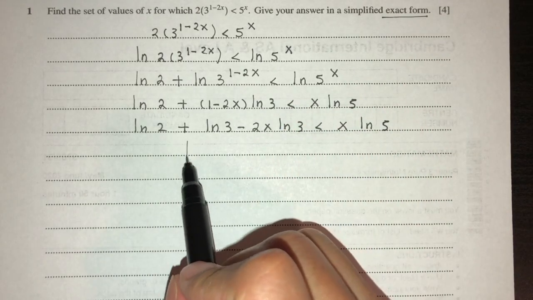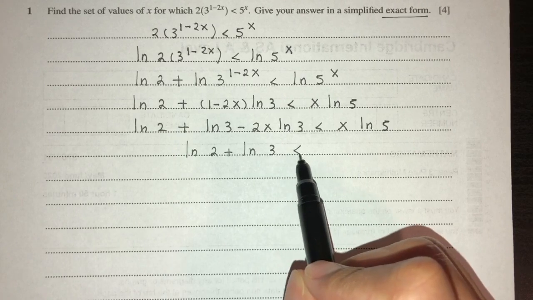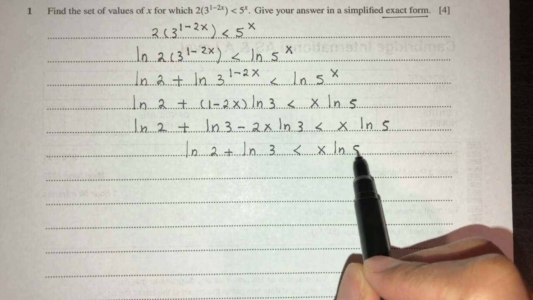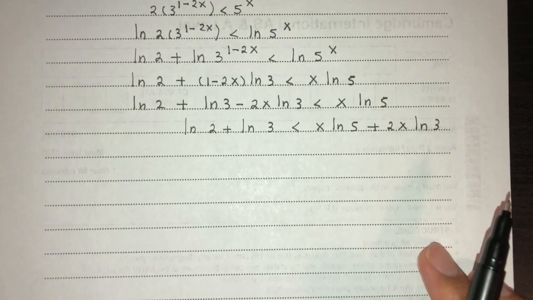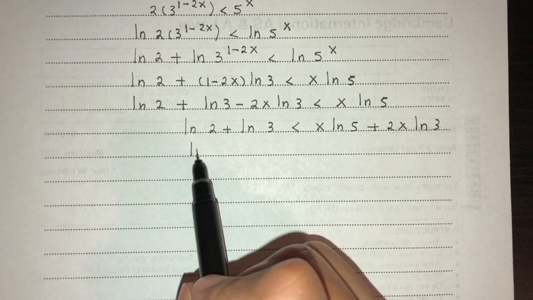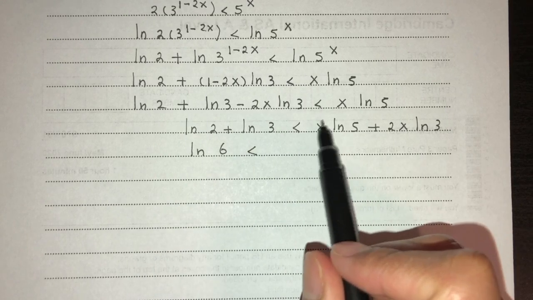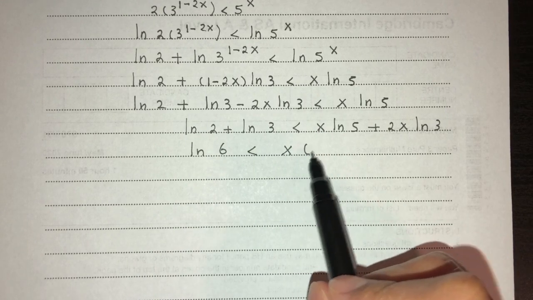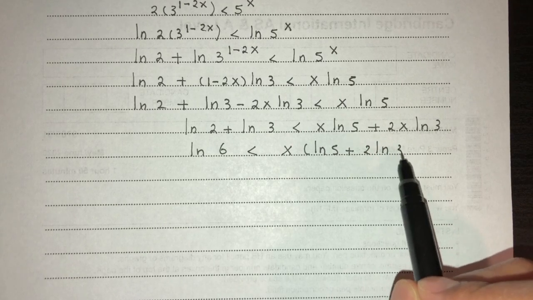You will have ln of 2 plus ln of 3 less than x ln of 5 plus 2x ln of 3. So this will become ln of 2 times 3, that will be ln 6, less than, we have to factorize the x, so that will become x times ln of 5 plus 2 ln of 3.